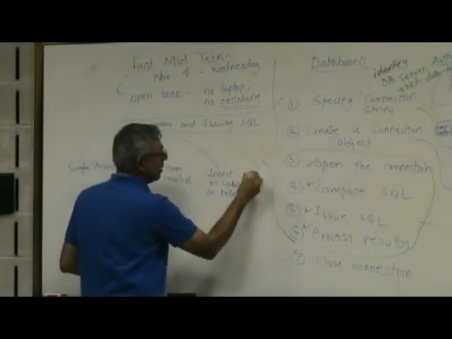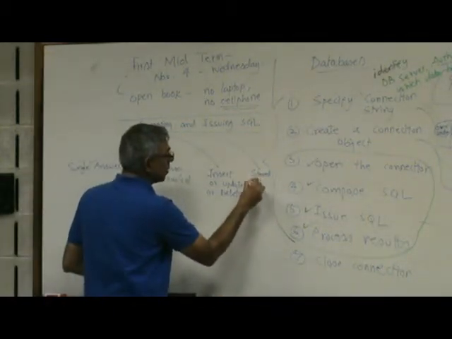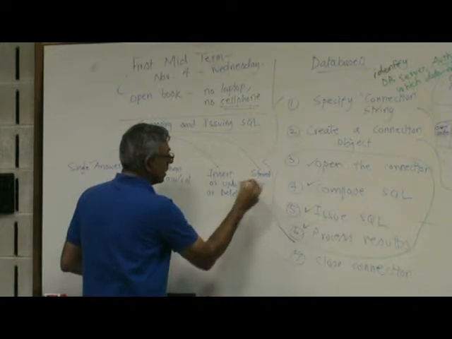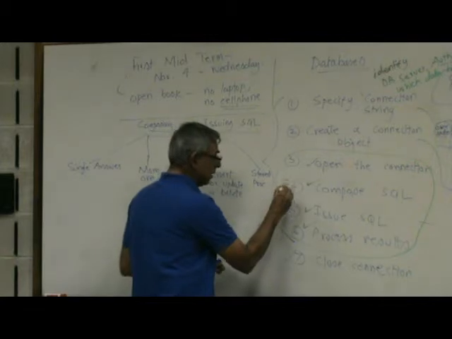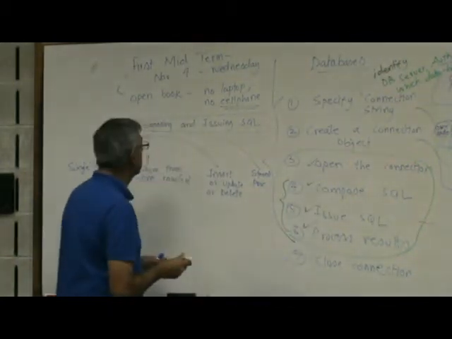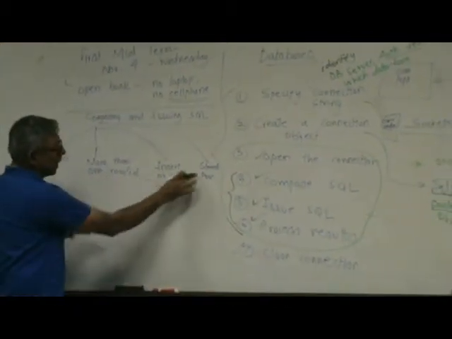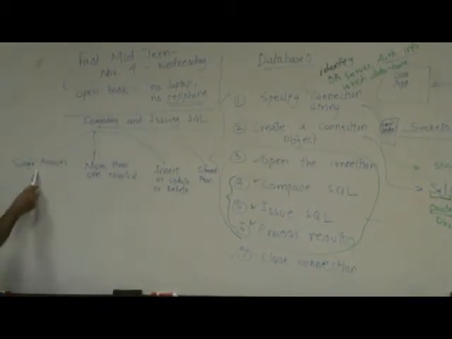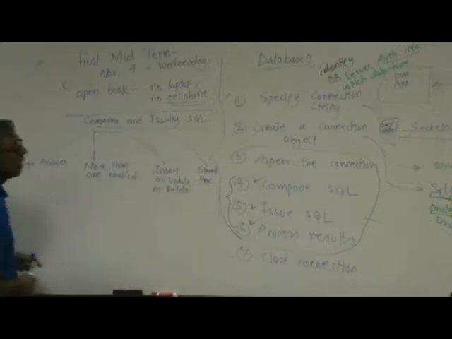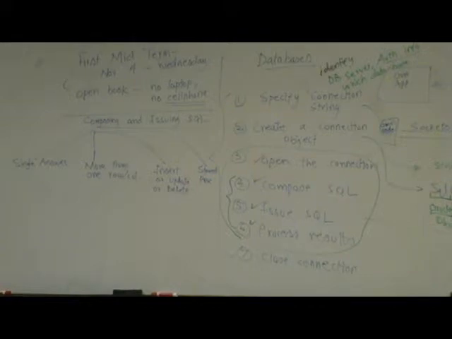And lastly, what if we wanted to trigger a stored procedure in the database server, right? So those are the 4 types of needs that we have. So when we compose the SQL, issue the SQL, process the results, it will depend on what are we trying to do. So the code will look different whether we are inserting, updating, deleting, or whether we are calling a stored procedure, right?